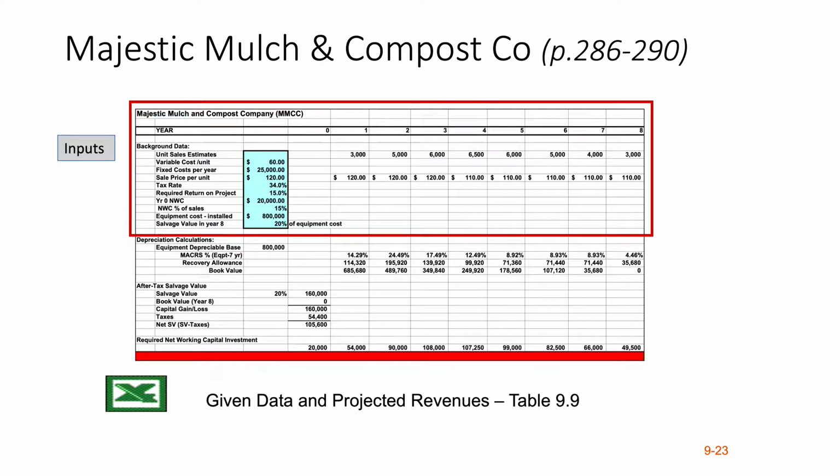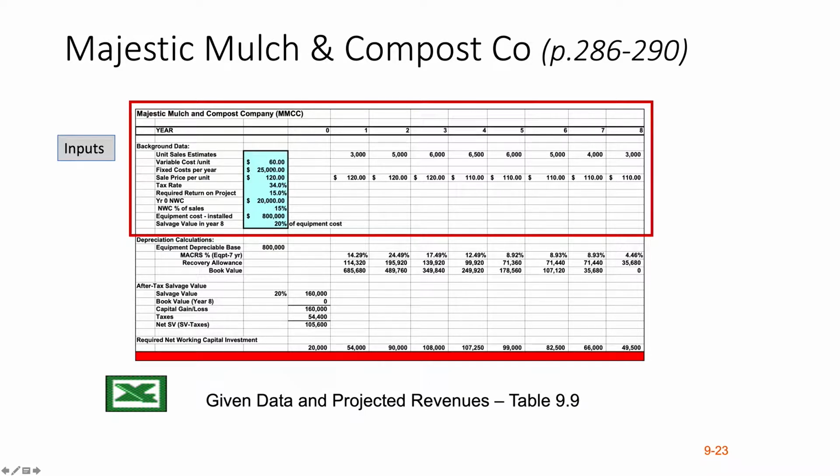The initial equipment to manufacture those mulch and compost costs you $800,000. The salvage value at year 8, we estimate, is about 20% of the value of the $800,000. By the way, in the input range, all those inputs can be changed.